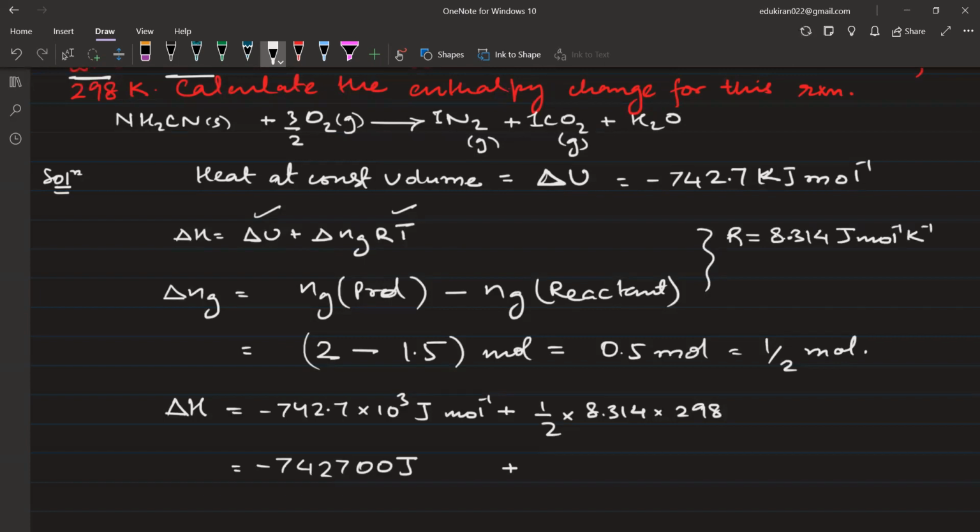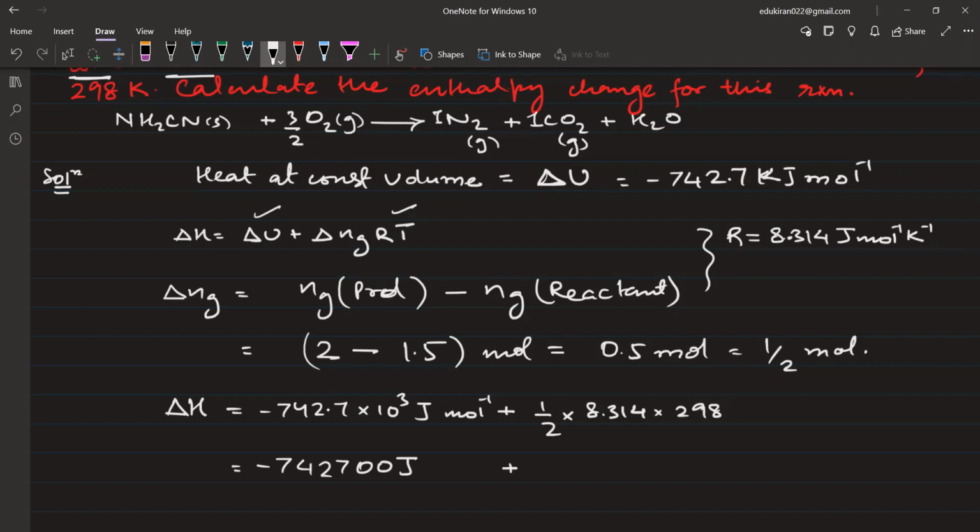Calculate this term. 298 को अगर हम 300 ले लें, 300 और इसको ले लें 8, so somewhere around it will be what, 1200, somewhere around 1200 आना चाहिए. 0.5 into 8.314 into 298. हाँ, this is coming out to be 1238.